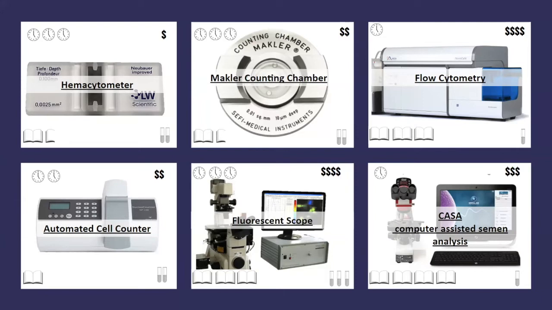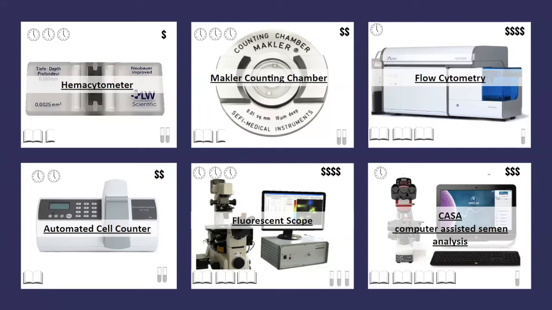Whether you use these devices is going to depend on what you need them for and what you can use. For example, the hemocytometer and the Makler counting chamber both give you things like concentration and motility, but that's pretty much it.